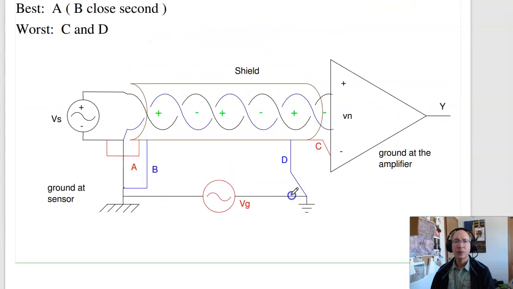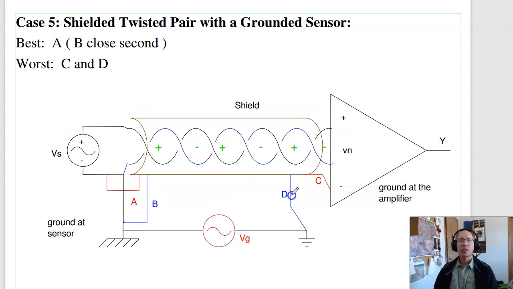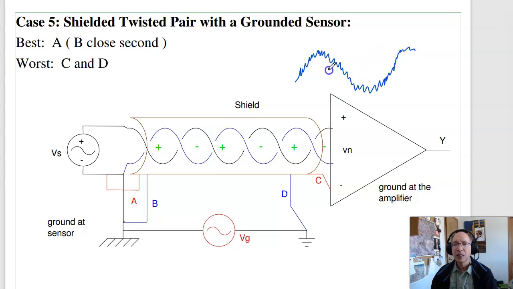So where the grounding is important is if I have a signal with noise, one way to get rid of it is to filter it. Filters are band-aids. A filter filters the signal as well as the noise.